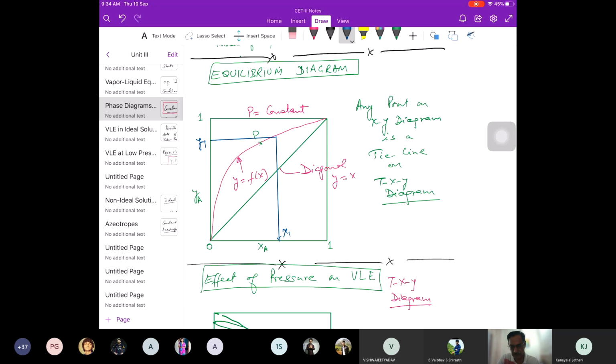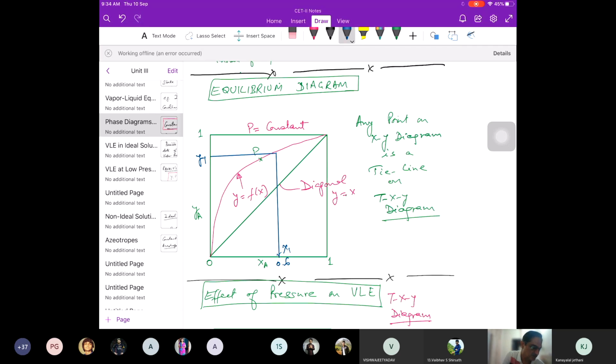That is the purpose of the XY diagram. You can find out what is the equilibrium composition of liquid and vapor. If x1 is known, you can find out y1. If y1 is known, you can find out x1. So if x1 की value अगर suppose 0.6 है roughly, तो y1 की value roughly कितनी होगी?